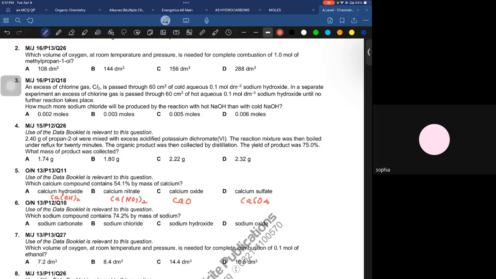Calcium 40 upon what's the molecular mass of calcium hydroxide? 74.1. Okay. So if you are getting 54%, that's okay. No problem.